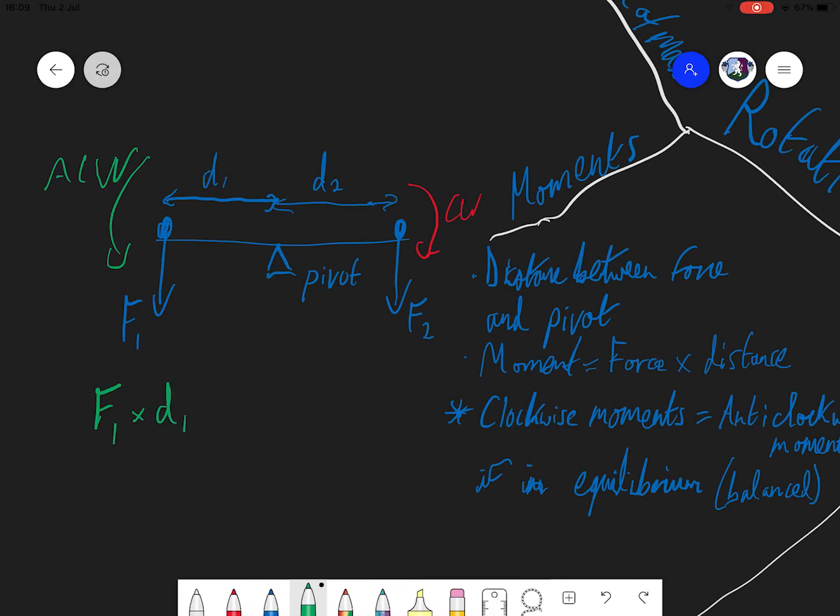So our anti-clockwise side is F1 times D1, and our clockwise moment is F2 times D2. These are only equal if they are balanced, which we use the term equilibrium for. And it's worth saying the word equilibrium is often worth a mark on its own when relating to this topic.